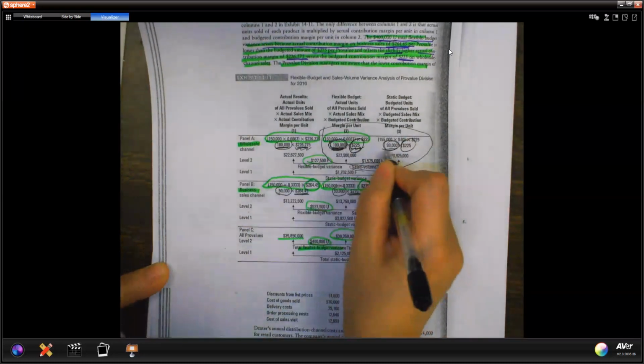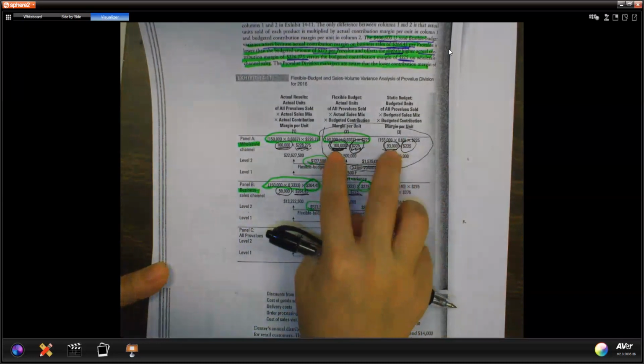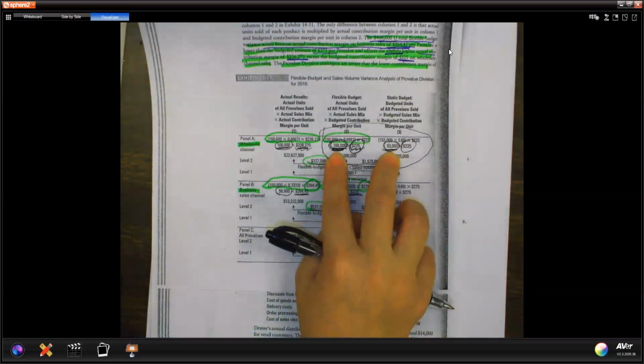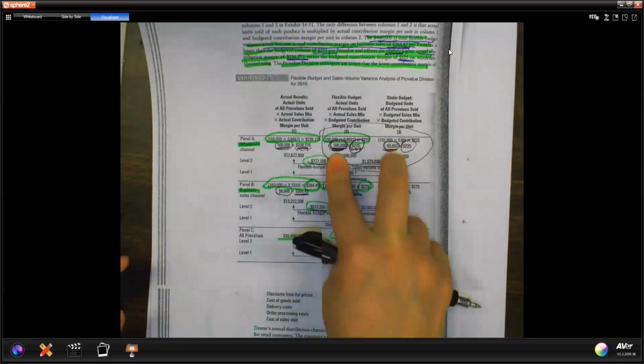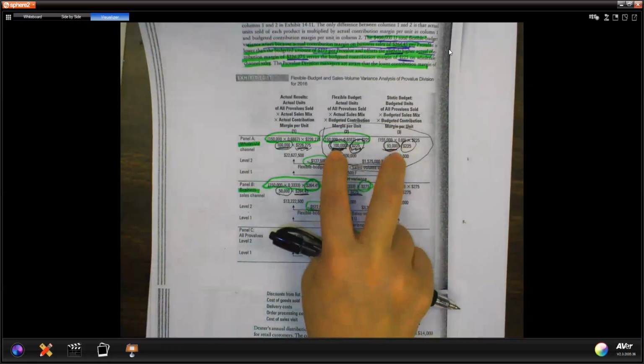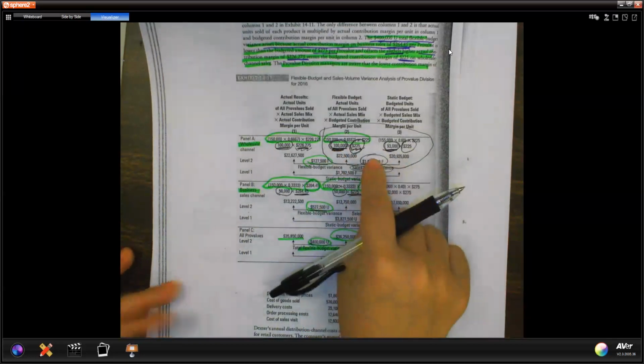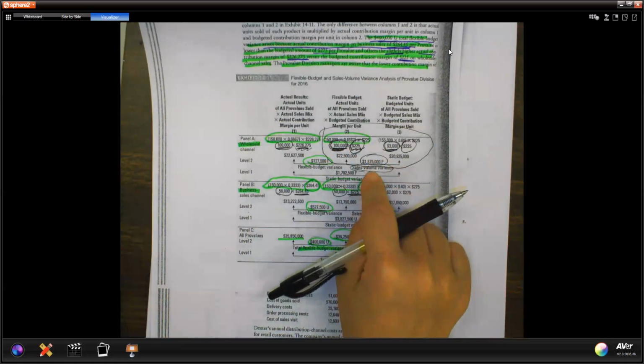So sales volume variance is for each product, for each department. For the first department it's 100,000 versus 93,000, so flexible is like 7,000 higher. So you should expect a favorable sales volume variance for your first department.